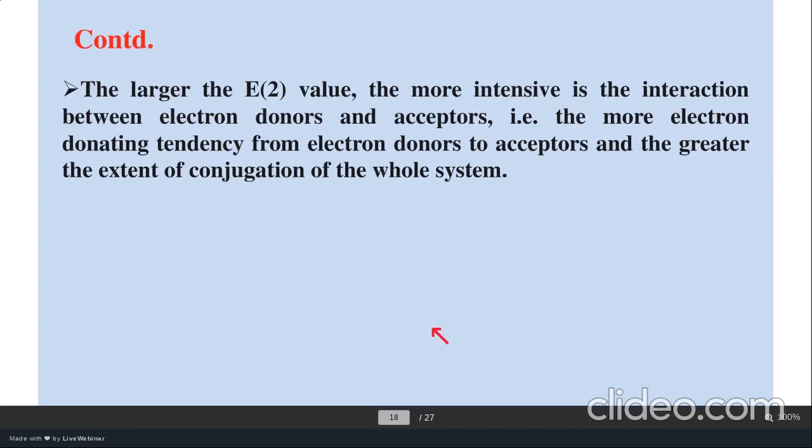From the table, we can see that the larger the value of E, the more intensive is the interaction between electron donors and electron acceptors. That is, the more electron donating tendency from electron donors to acceptors, and the greater the extent of conjugation of the whole system.